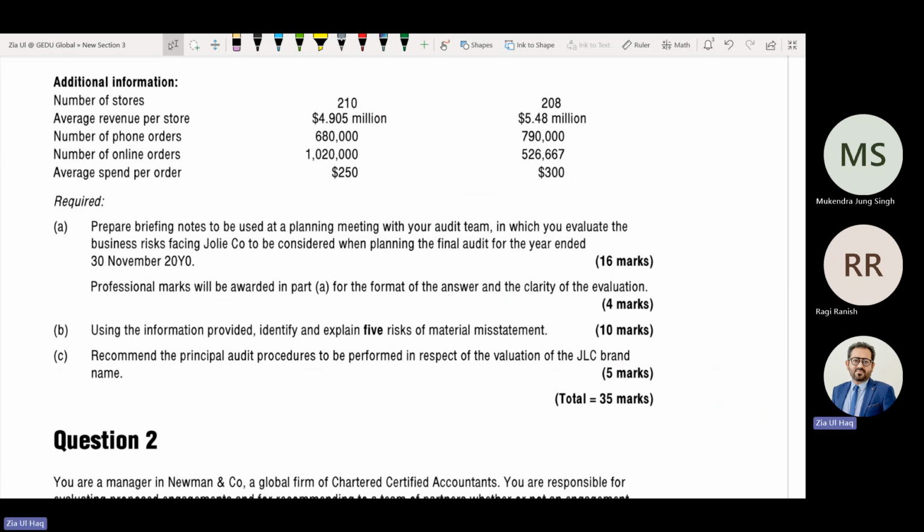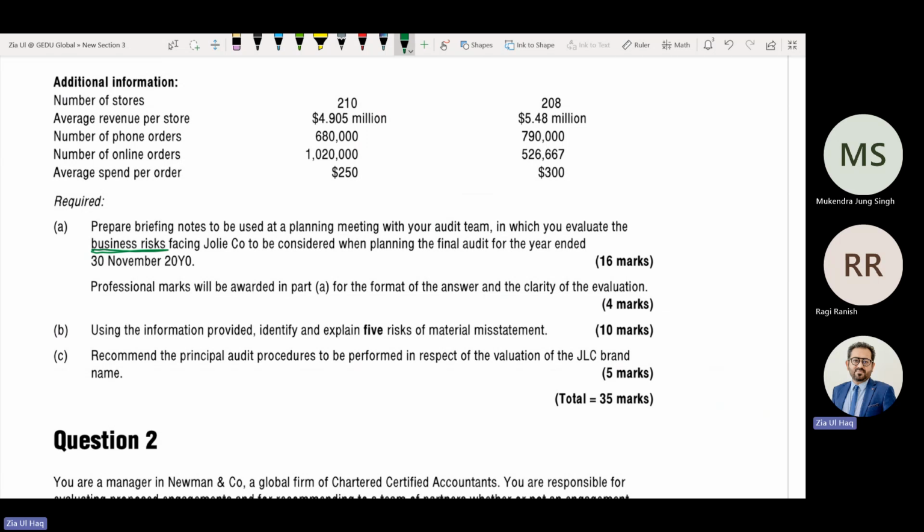We need to identify and evaluate what? Business risk, not audit risk, not risk of material misstatement. When we are identifying business risk, we should forget that we are auditors. We should answer this part like we are answering a question of SBL, where we are performing PESTLE analysis, five forces analysis, or SWOT analysis, mainly SWOT analysis.